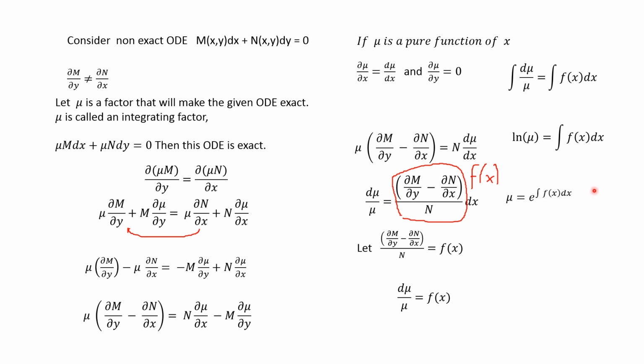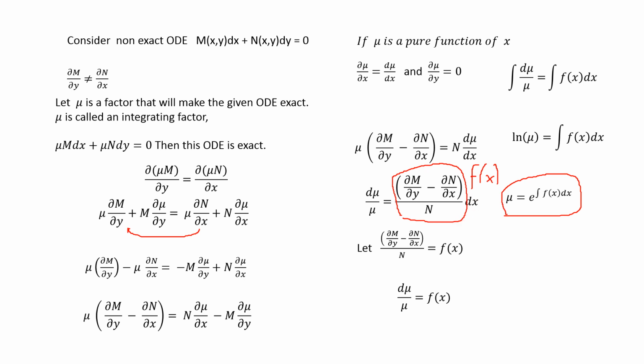And finally, we have an integrating factor, mu is equal to e to the integral of f(x) dx. So this is the rule now. Look, this can only be true provided that this portion here, (M_y minus N_x) over N, is a pure function of x.